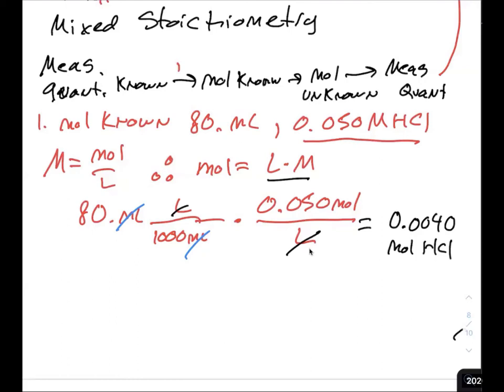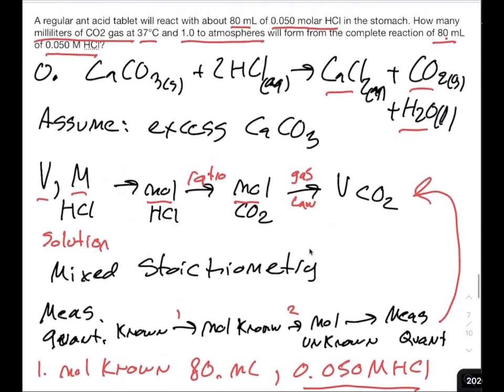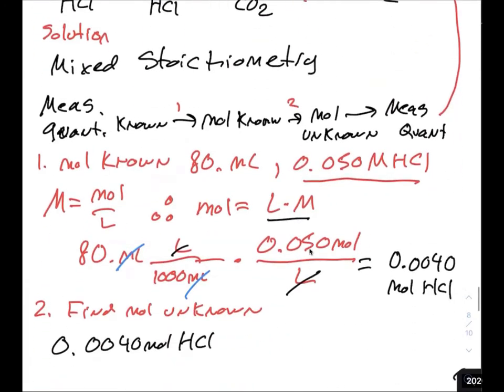Now I want to go from moles of known to moles of unknown. So I'm going to take that answer from before, 0.0040 moles of HCl. What's my mole ratio? We need to look back. It's 2 moles of HCl to 1 mole of carbon dioxide.